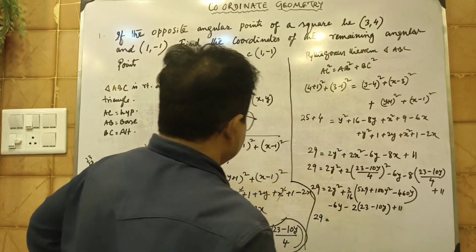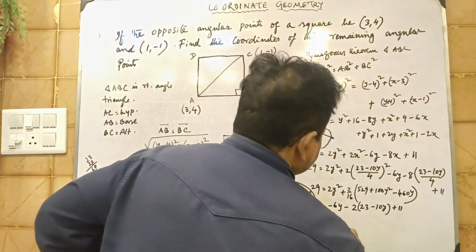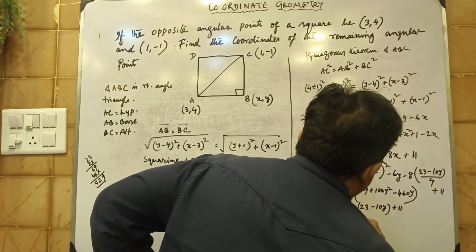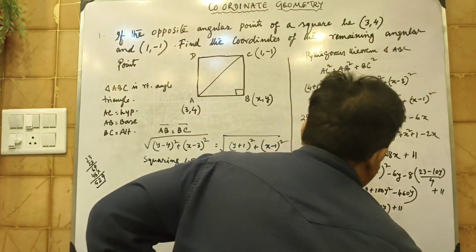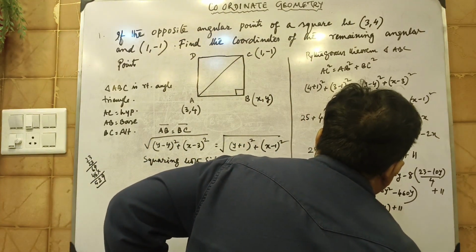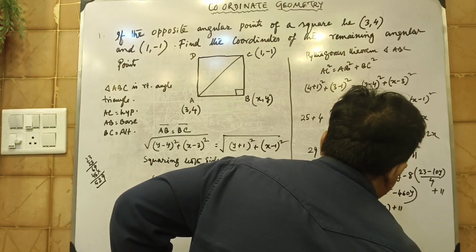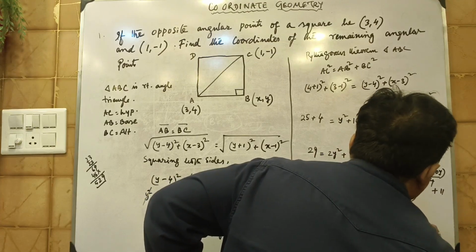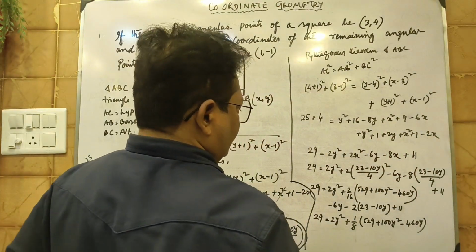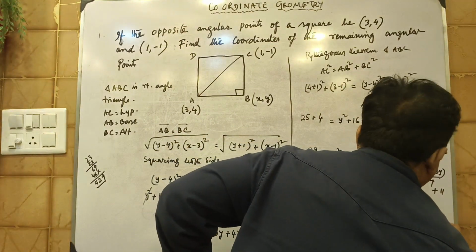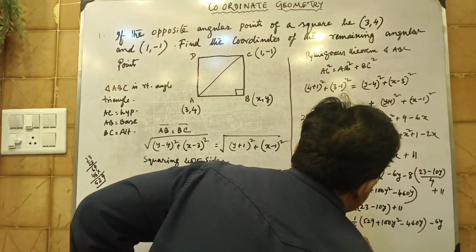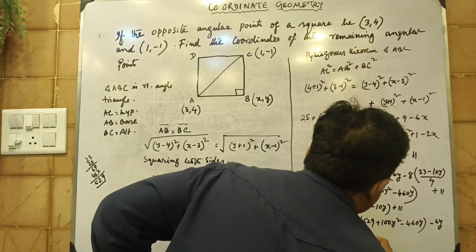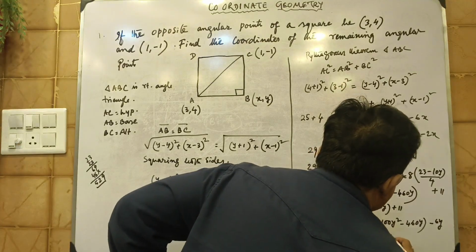Then 29 equal to 2y square plus 1 by 8 into 529 plus 100y square minus 460y, minus 6y, minus 46 plus 20y plus 11.